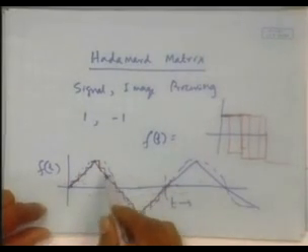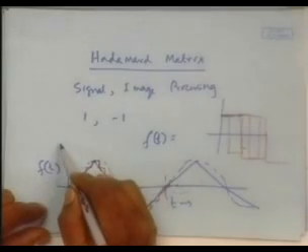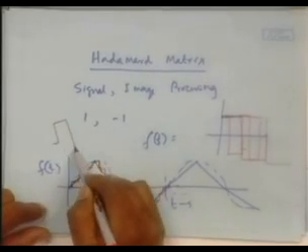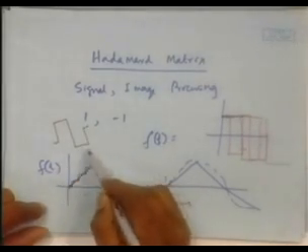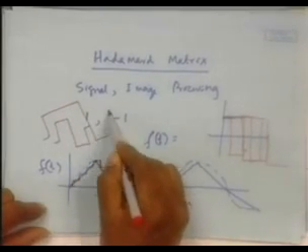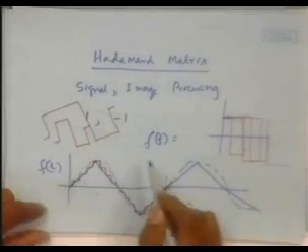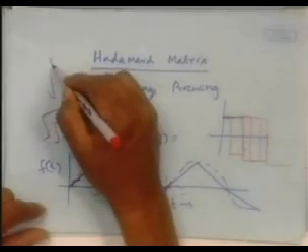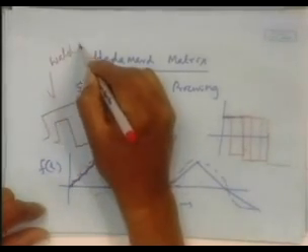This staircase representation is possible only when you have functions which look something like this, or in slightly expanded form, double the period or half the period. These functions are known as Walsh functions.